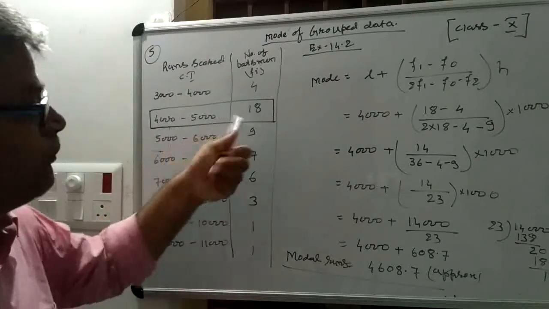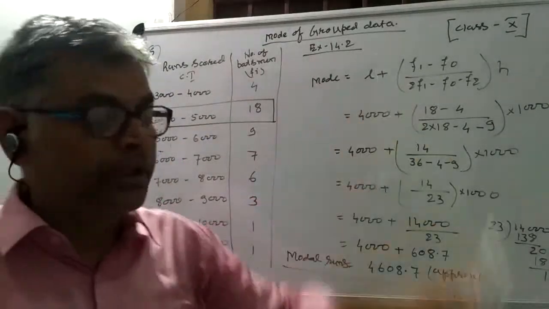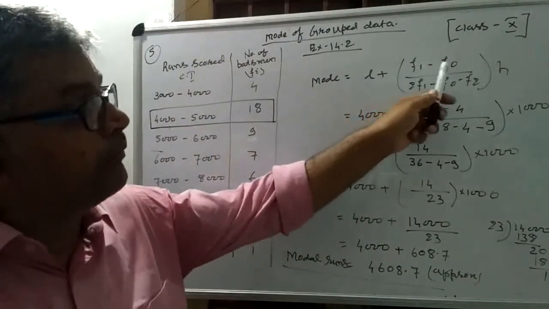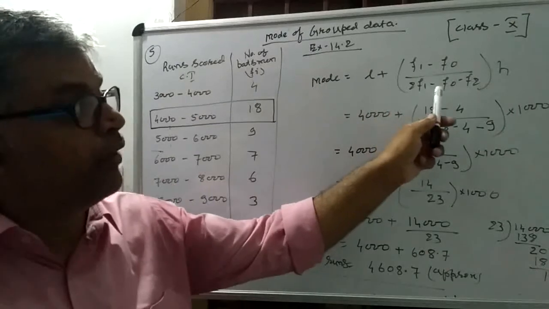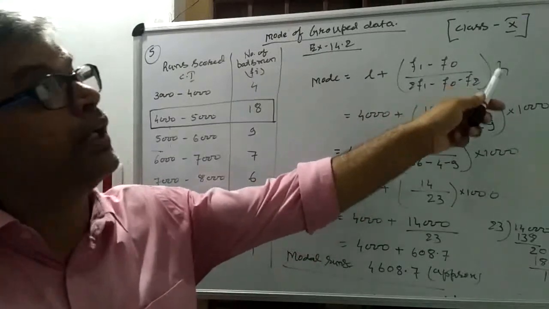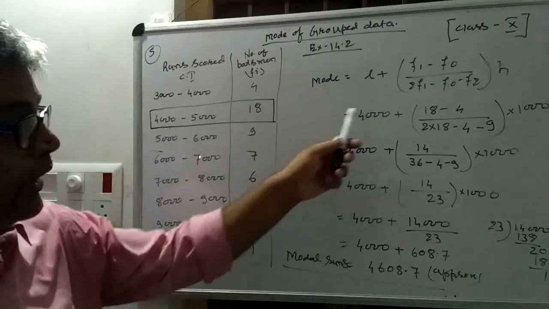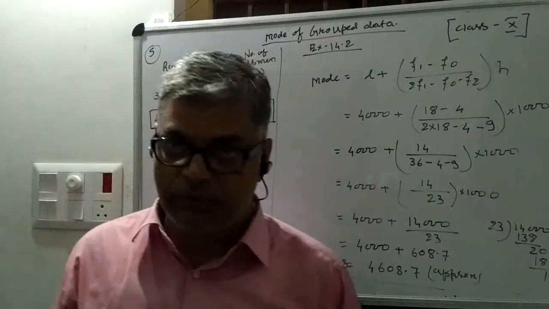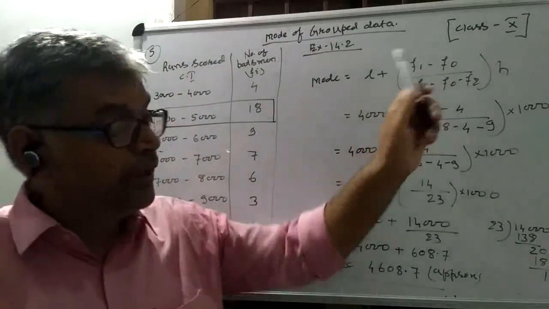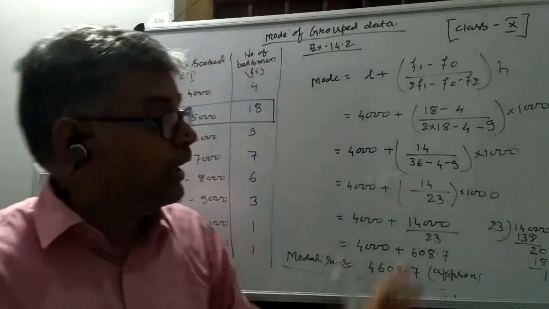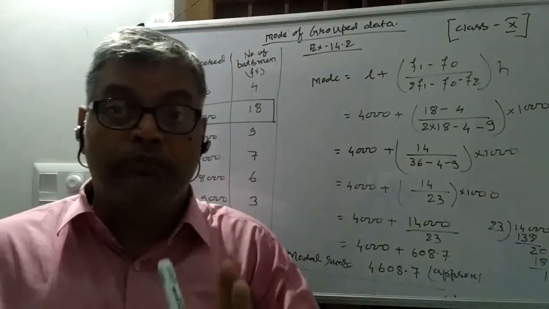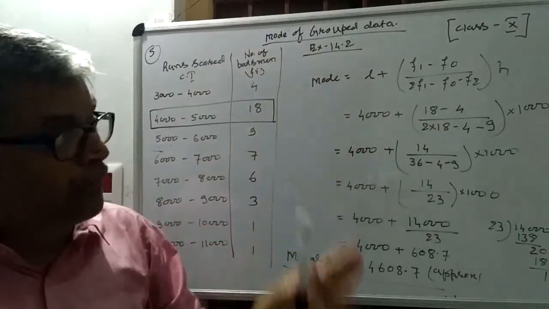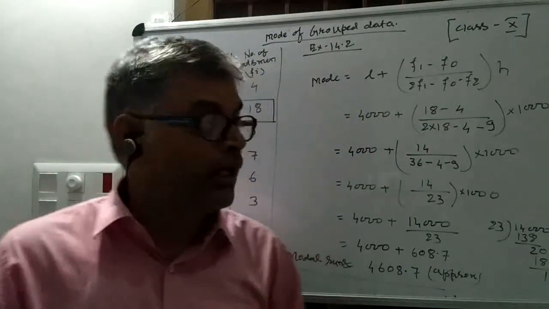After getting the modal class, you just put it in this formula: mode equals L plus F1 minus F0 by 2F1 minus F0 minus F2, into H. Here L is the lower limit of the modal class, F1 is the frequency of the modal class, F0 is the frequency of the class preceding the modal class, and F2 is the frequency of the class succeeding the modal class.